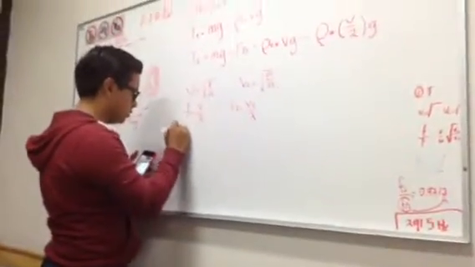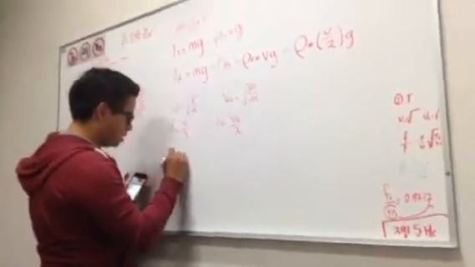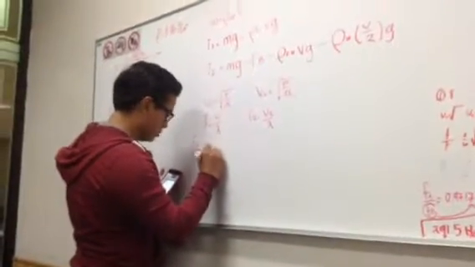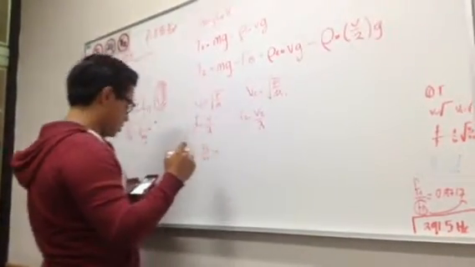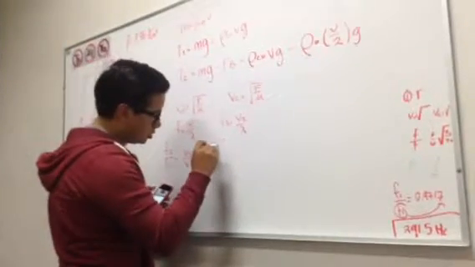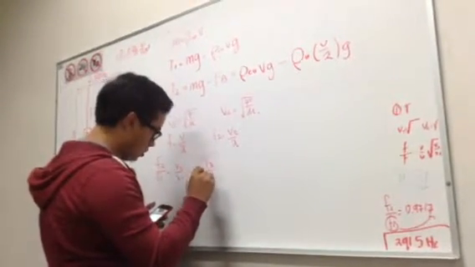So we have f2 over f1 is equal to v2 over v1, which is equal to the square root of tension 2 over tension 1.